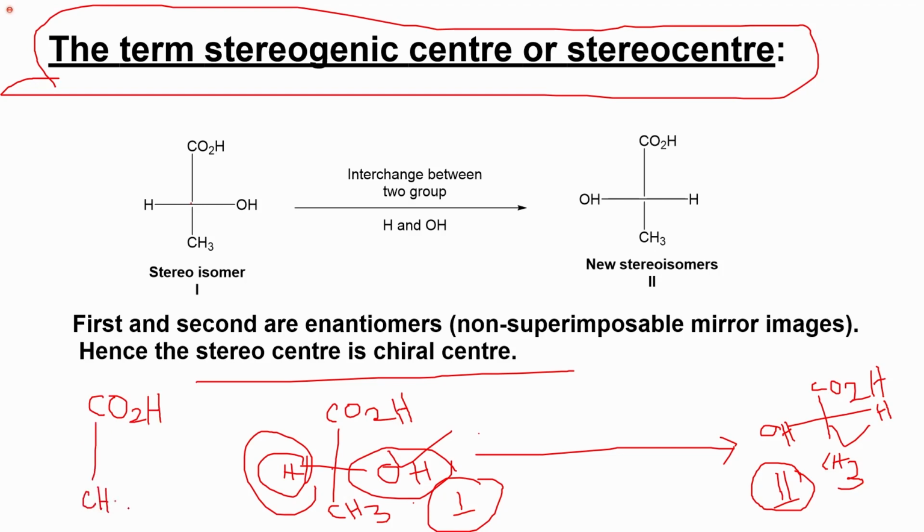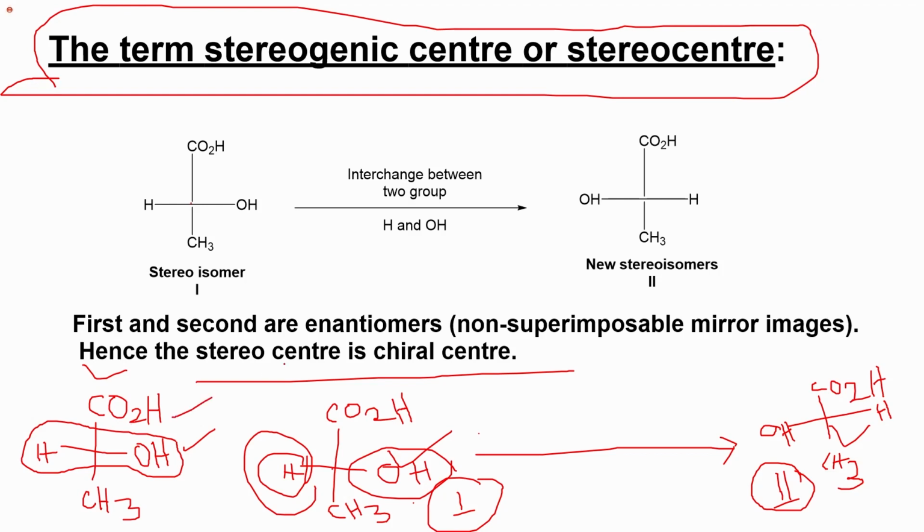In the first example we discussed the OH. There are two axes, one is the x-axis and another one is the y-axis, right? So this is the x-axis and this is the y-axis. Earlier we only changed the x-axis, but if we change the y-axis also, we can generate one new molecule.